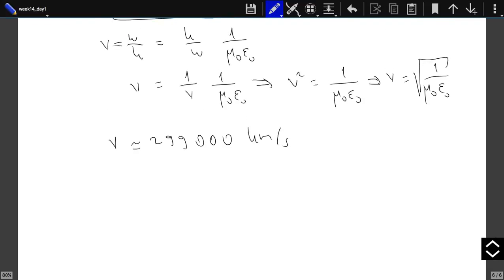No, we get mu 0 from our definition of mu 0. We measure epsilon 0, and we can also measure the speed of light. Well, most of the time what is actually done is we measure the speed of light, and from that information and from the known value of mu 0, we determine what epsilon 0 is.